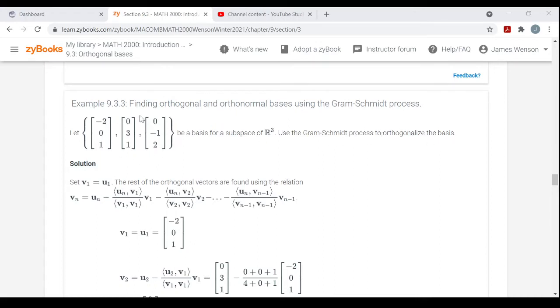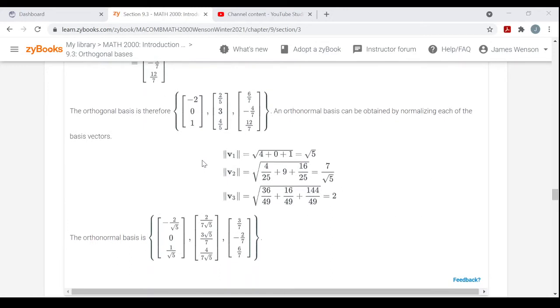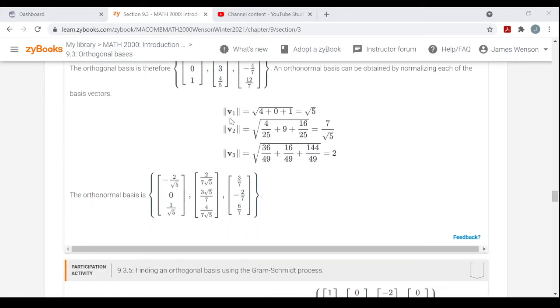So from this basis, construct a different set of three vectors that also forms a basis, but is orthogonal. And this would be under the dot product here. Again, they didn't mention any specific inner product, so if they don't mention a specific inner product, you're using the dot product. Please read this example on your own, and then they normalize at the end.